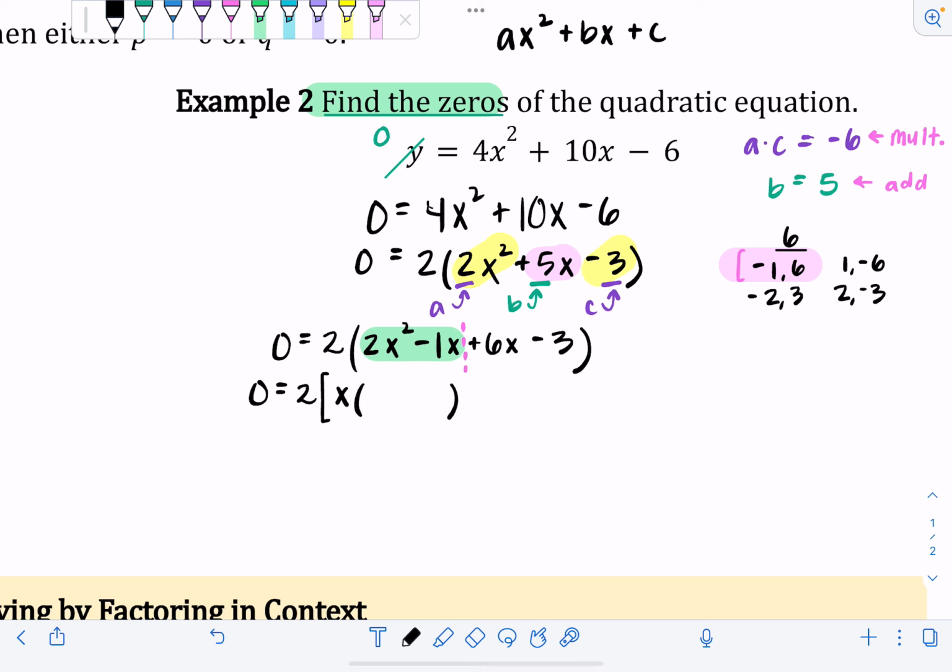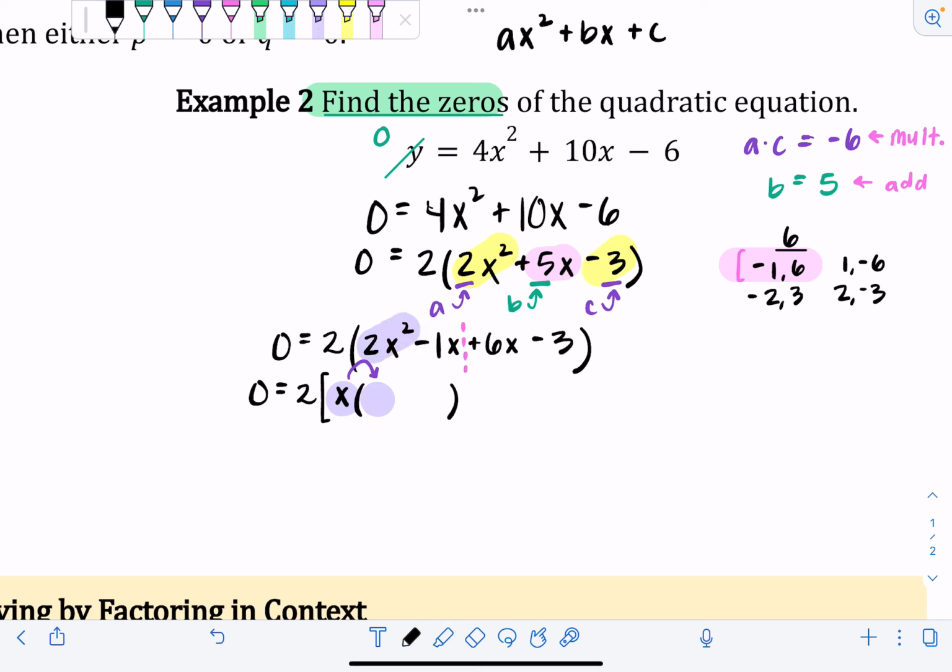And then I'm going to have 2 things left over inside the parentheses because I had 2 things up here. We can think in terms of dividing or multiplication to figure out what we have left. If we think in terms of multiplication, okay, x times what? X times something would have to go right here to bring me back to 2x squared.